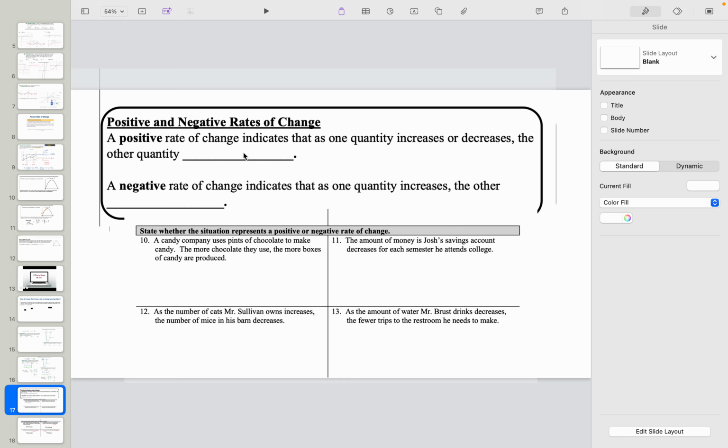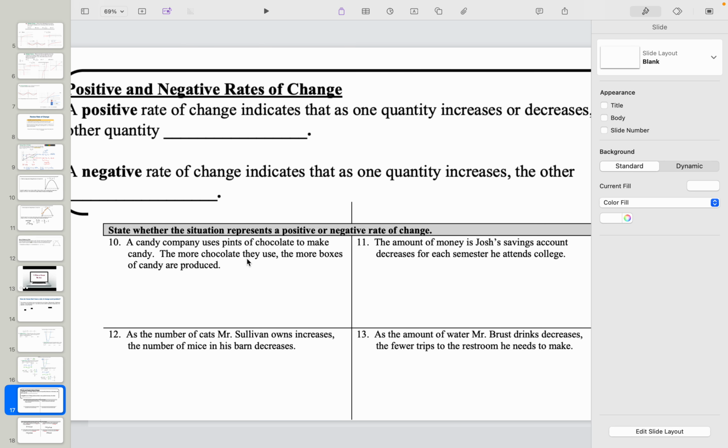So a positive rate of change indicates that one quantity increases or decreases, the other quantity does the same. It increases or decreases in the same way. A negative rate of change, that one quantity increases, the other decreases. Because we're going this way across the screen.